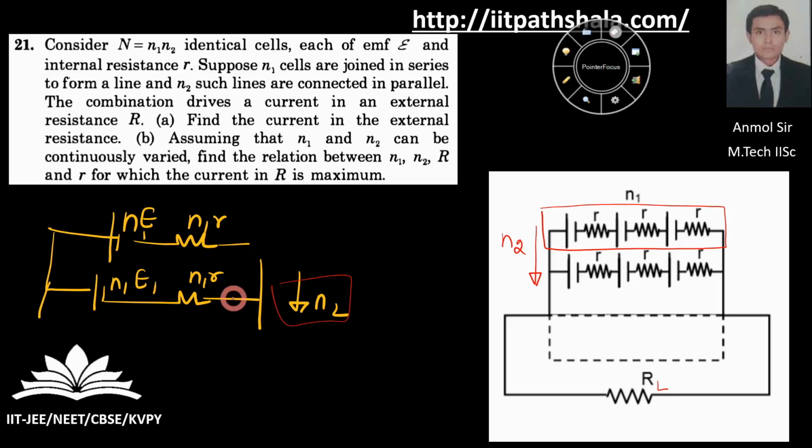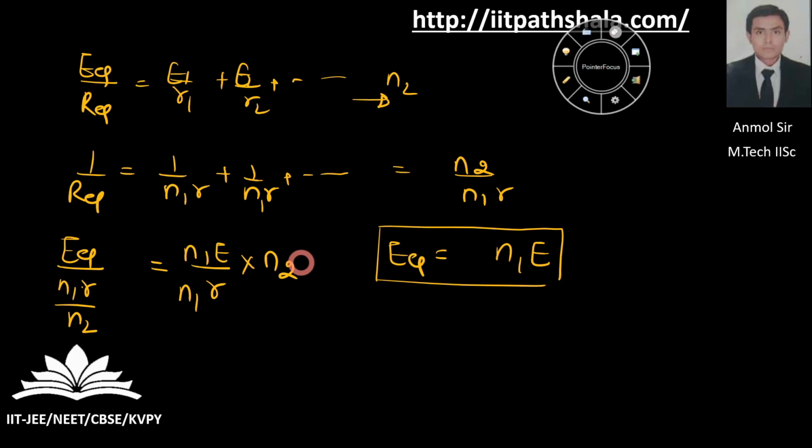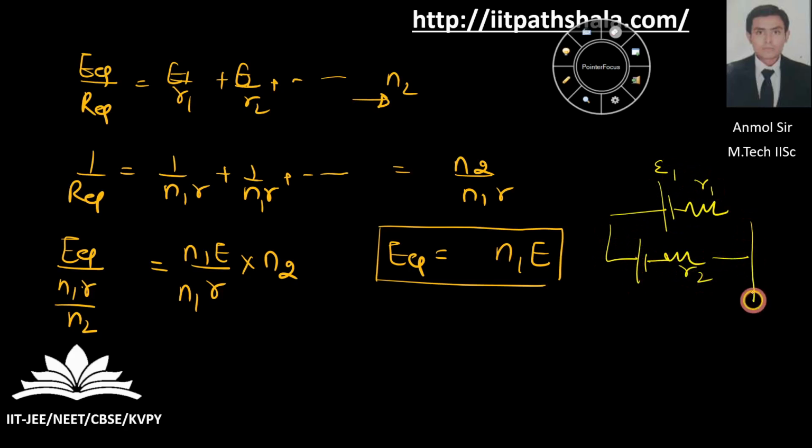Now to further simplify, I have recalled from my previous lecture a simple formula, which is nothing but, if various batteries of EMF E and resistances R are joined in parallel with each other, then I can simplify it to a single battery of E net and a single resistance of R net as follows.